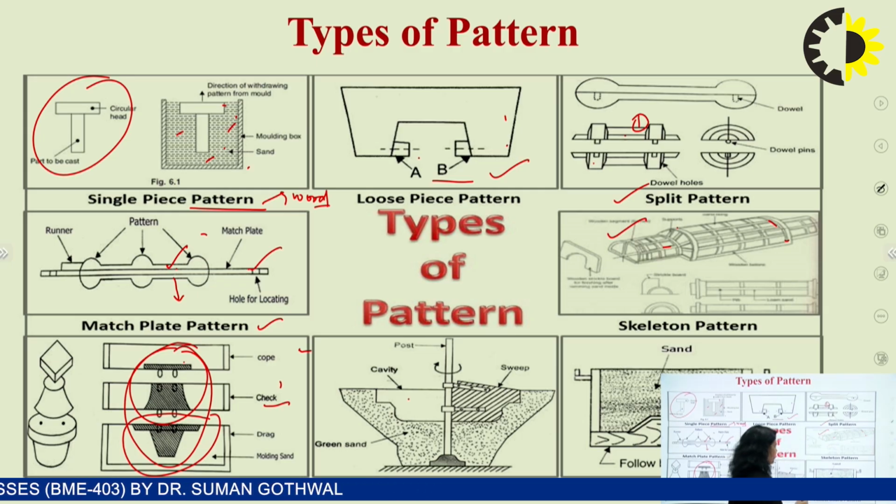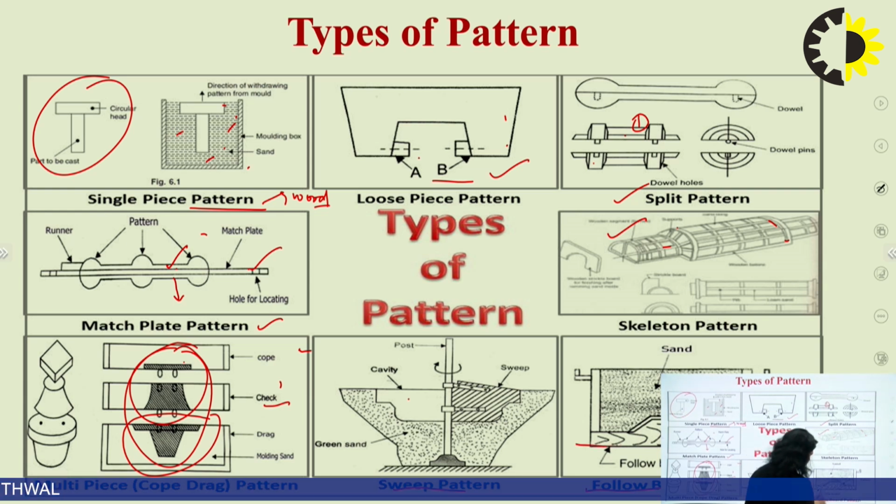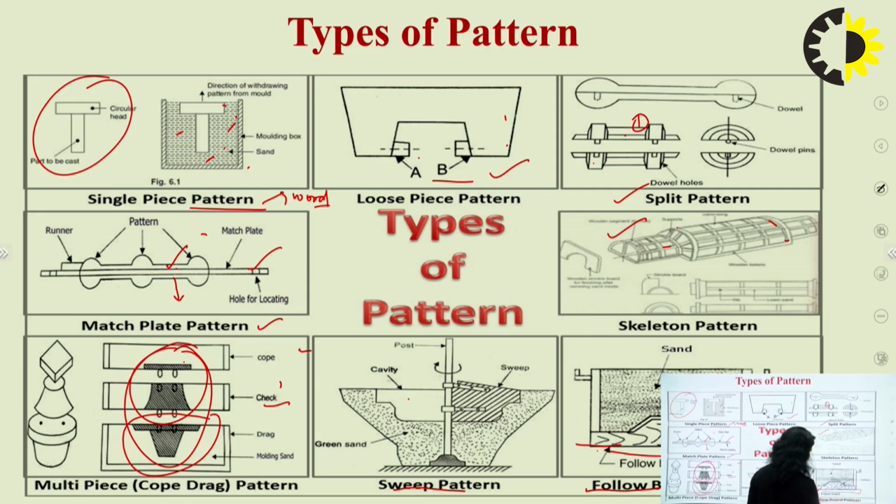Clear? Then we have the follow board pattern. In this we are using this base. This follow board pattern is used where thin sections or weak structures are present. For example, these sections are weaker than this particular section.